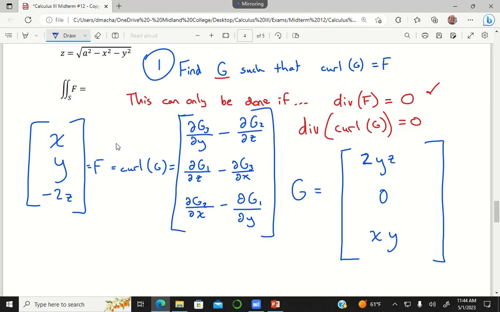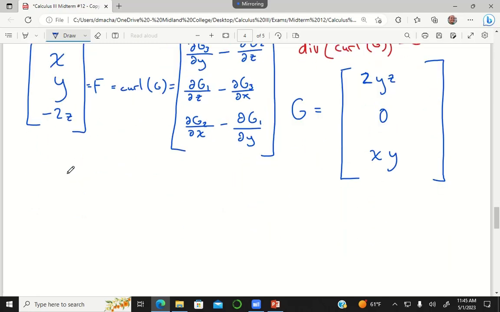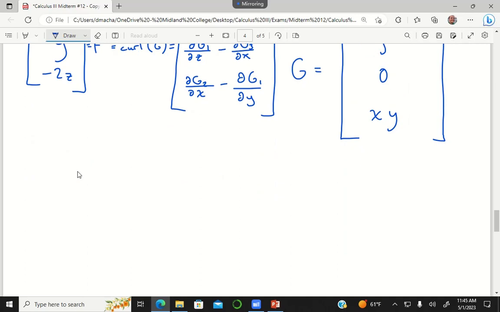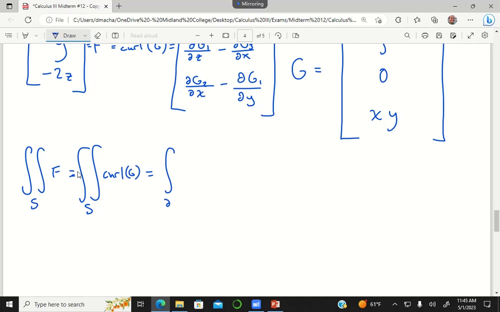But I think we found a vector field G that if you take the curl of G now, then the curl of G is our vector field F. So now we can say the surface integral over F is equal to the surface integral of the curl of G. And Stokes' theorem says that all of this should be equal to the path integral around the boundary of G. No, sorry, the boundary of S. That's an S. The boundary of my surface.